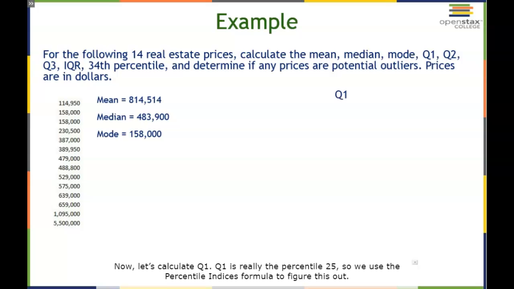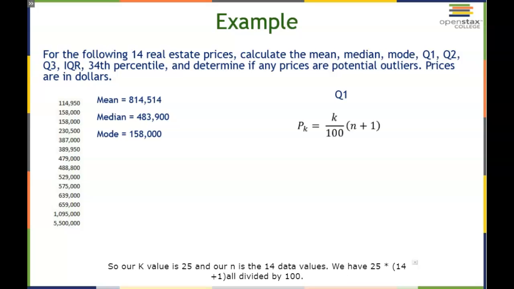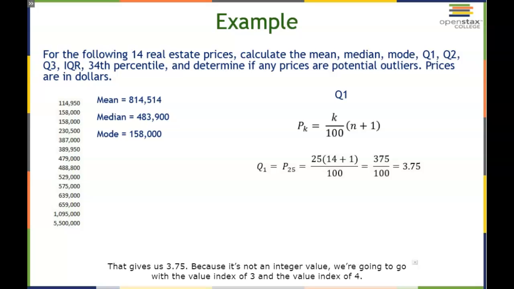Now let's calculate Q1. Q1 is really the percentile 25. So we're going to use the percentile index formula to figure this out. So our K value is 25. Our N is the 14 data values we have. So 25 times 14 plus 1 all over 100, that gives us 3.75. Because it's not an integer value, we're going to go with the value index of 3 and the value index of 4.